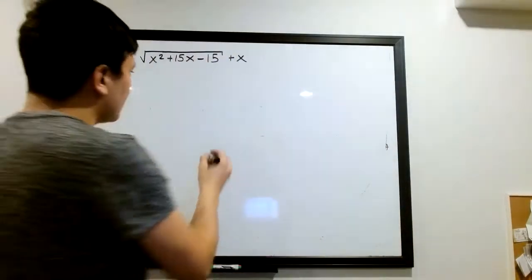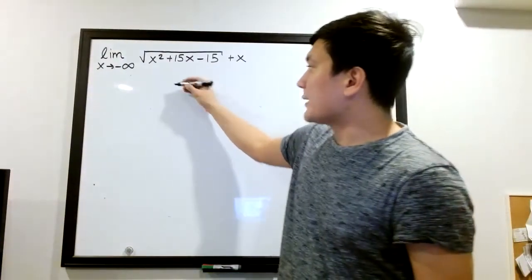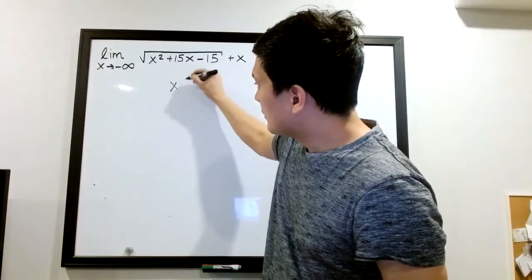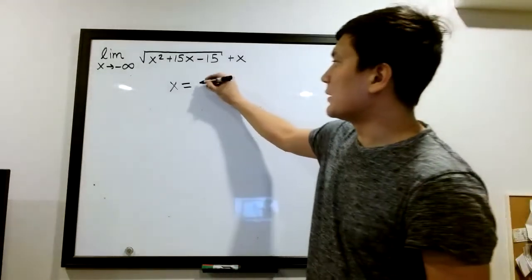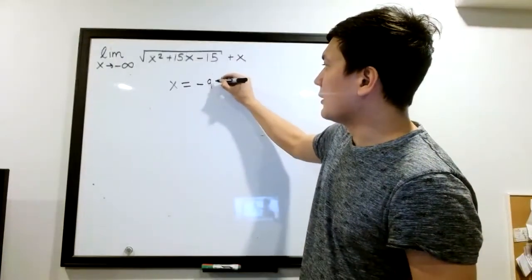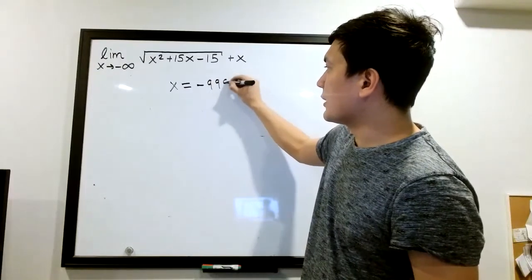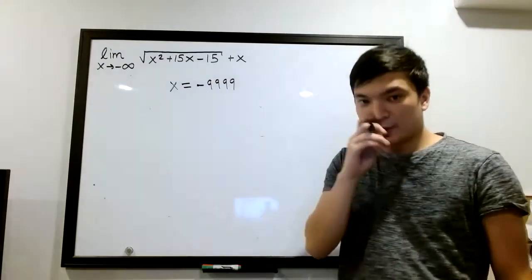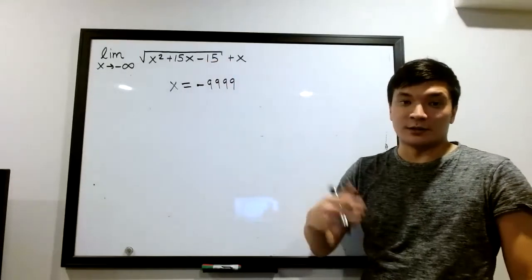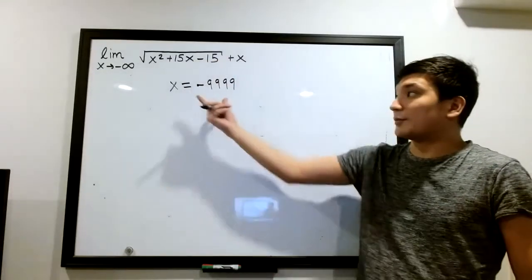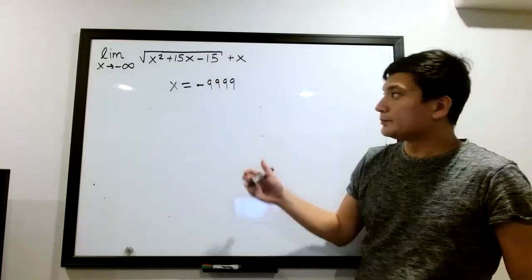As an example, we can set x equal to some really, really big negative number. Let's say negative 9,999. Then we'll see what the function evaluates to when we plug in this x.